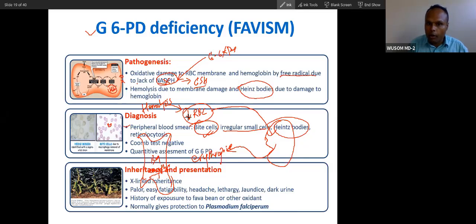If there is a very low amount of RBC, there will be a high amount of premature release of erythrocytes. This premature erythrocyte is called a reticulocyte in blood. So because of low RBC, there will be release of premature blood cells.